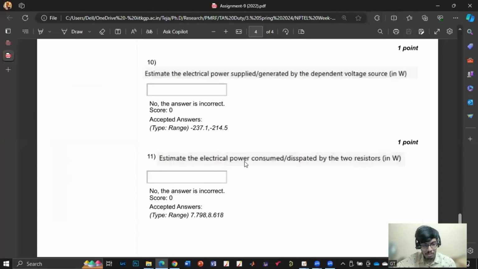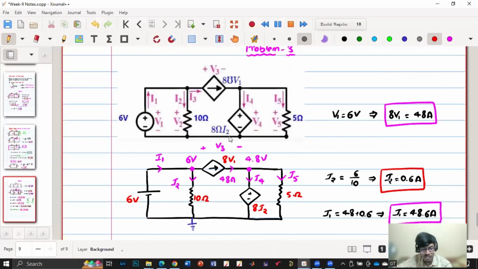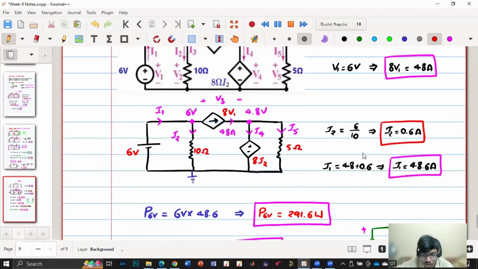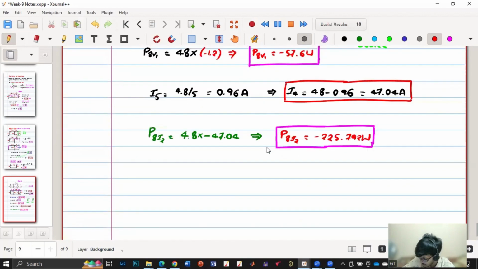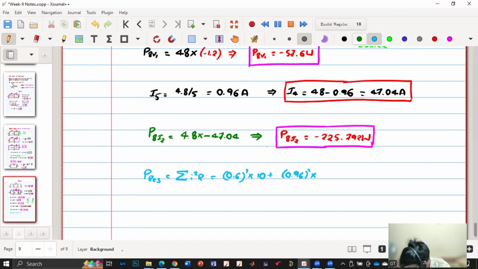Now they are asking what is the power consumed or dissipated by the two resistors. Power consumed by the resistors means I square R, right? So how much is I2? 0.6 square into 10, and I5 is 0.96 square into 5. So power consumed by the resistors is the summation of I square R. In one case it is 0.6 square into 10, in the other case 0.96 square into 5.